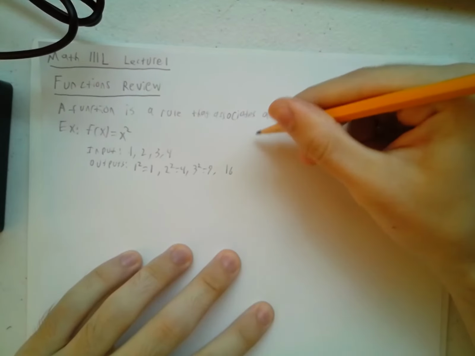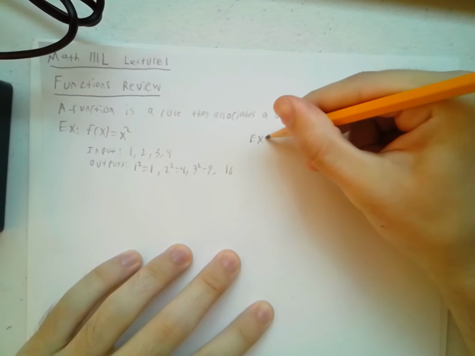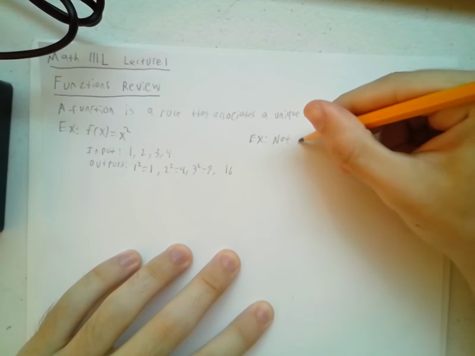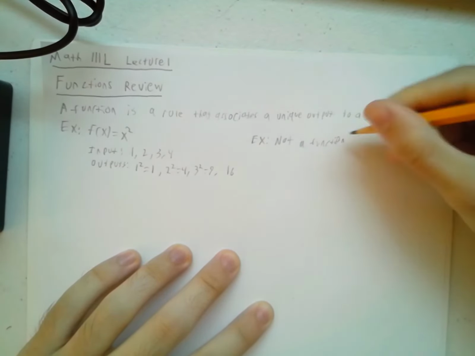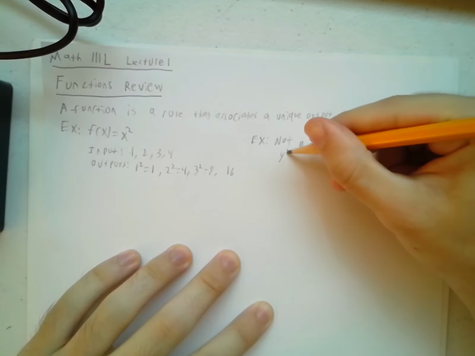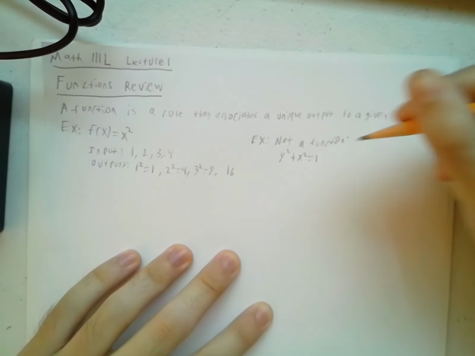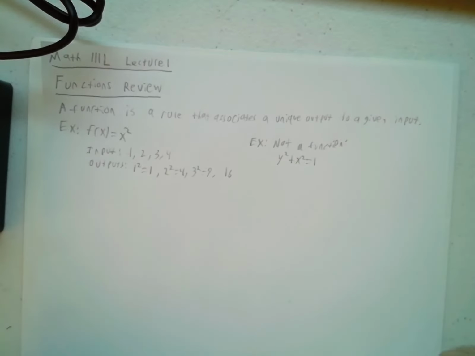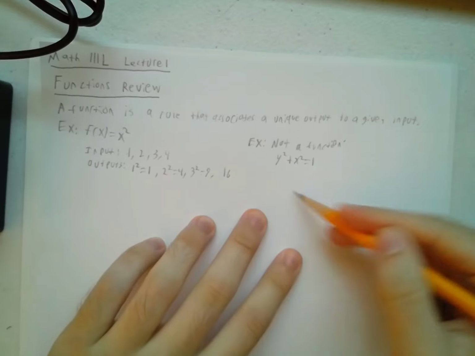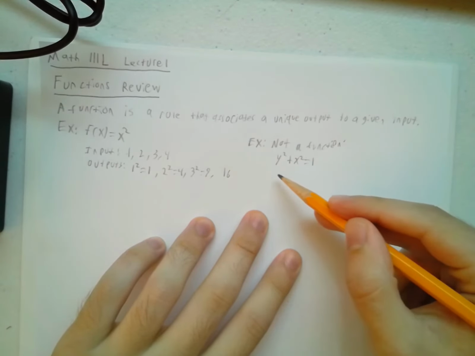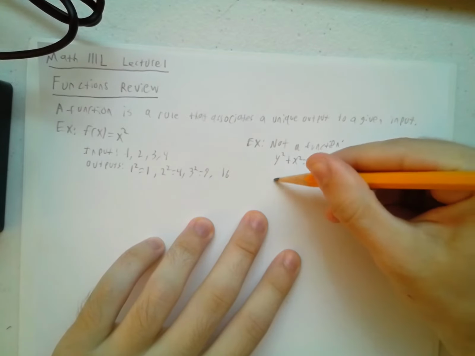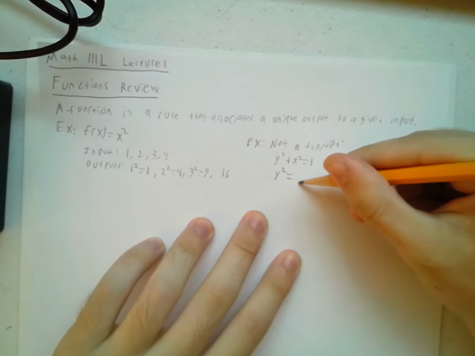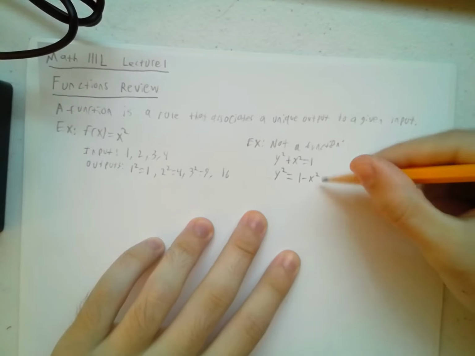So an example of something that would not be a function would be y squared plus x squared equals 1. If you're not familiar with this, this is the equation for a unit circle. And the reason this is not a function is, well, first of all, right now it has x and y on the same side of the equation, so we try to solve for y. When we do that, we get y squared is 1 minus x squared.